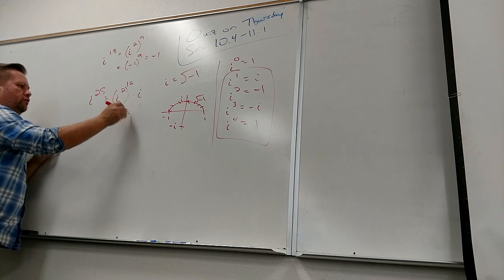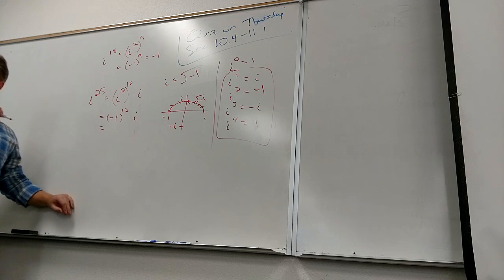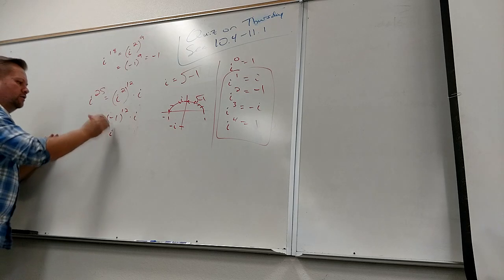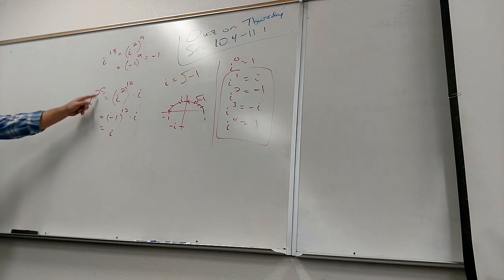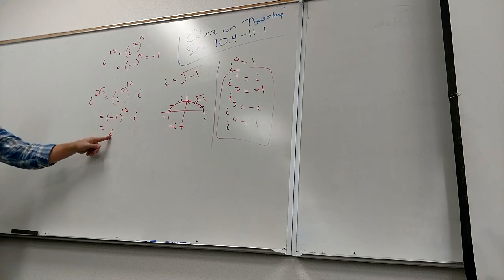What's -1 to the 12th? If you have an even number of negatives, they all kill each other. So it ends up 1, so the answer to that is i. Or 4 goes into 25 with 1 remaining, so this equals i to the first, which is i.